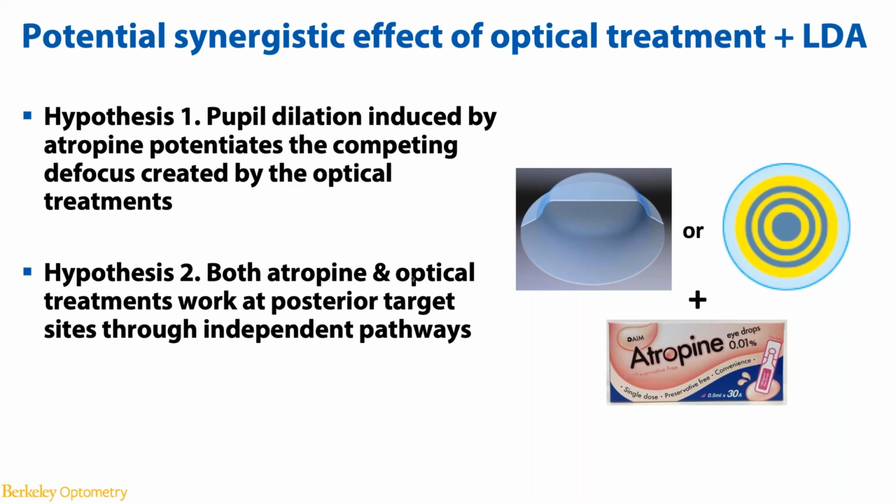The other hypothesis is that atropine and optical treatments are working independently, but both at posterior target sites, likely on the retina, RPE, choroid, or sclera, through independent pathways.